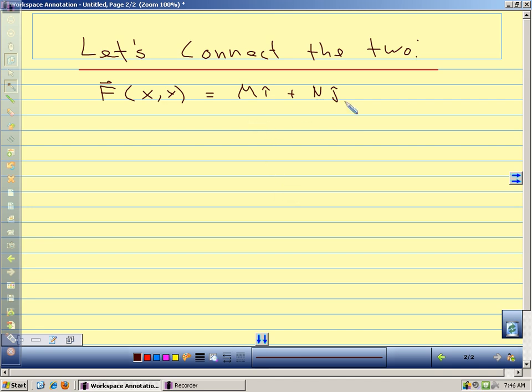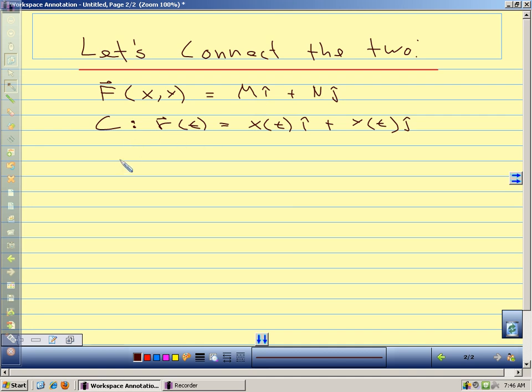And we're going to say our curve is parameterized by r of t, which is x of t i plus y of t j. So this is how we're going to express our curve and our vector field.